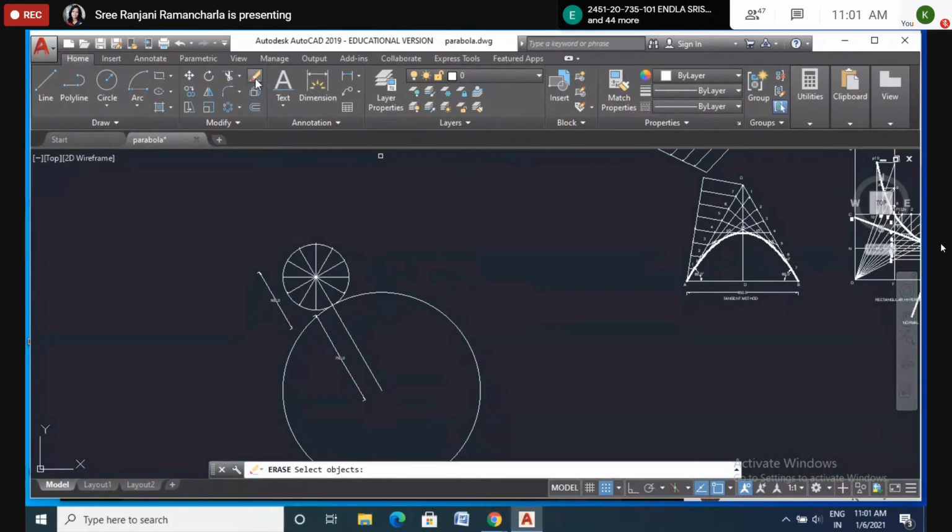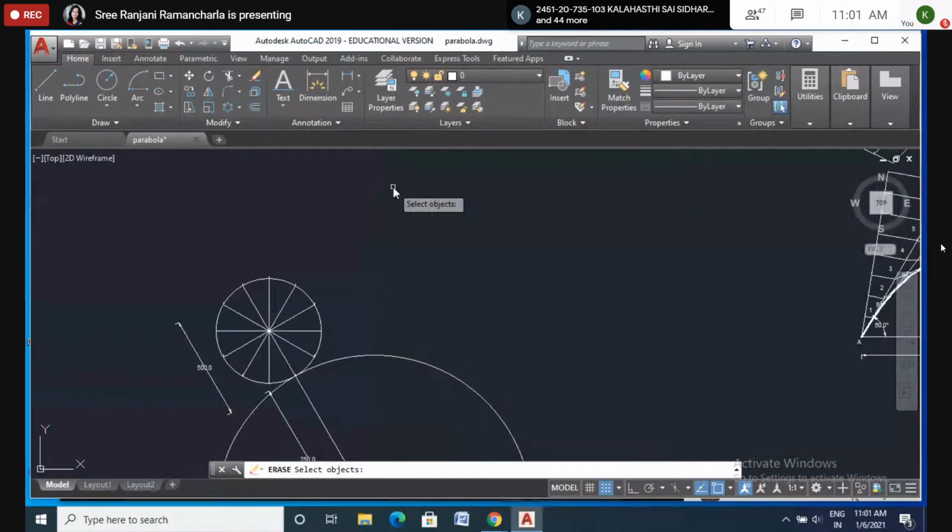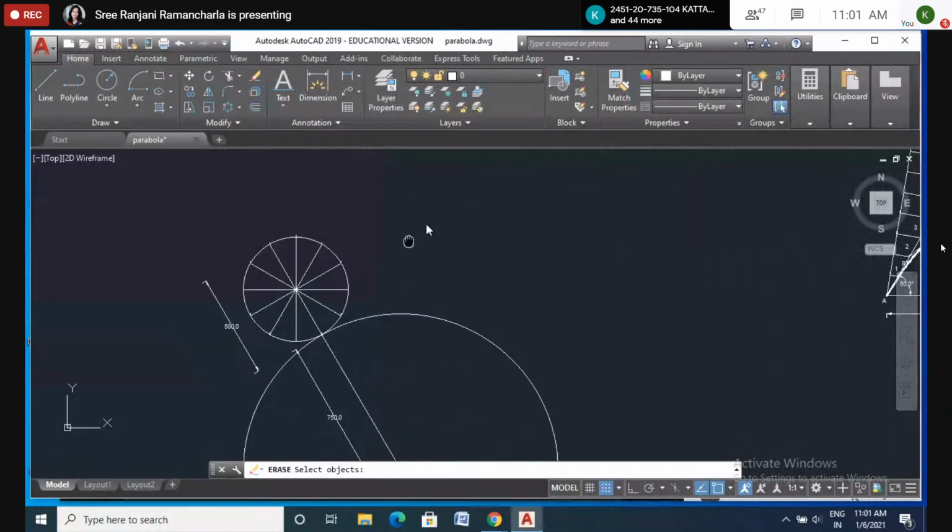Are you all doing? Angle alpha equals small r by capital R. Small r by capital R. So here I will write small r.